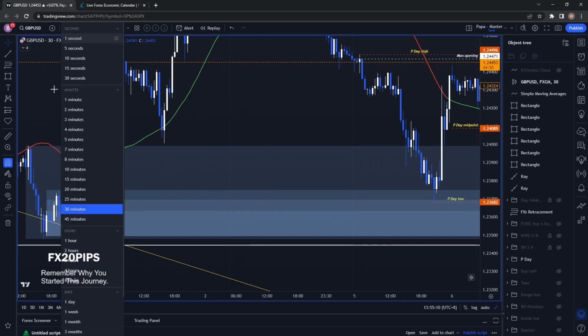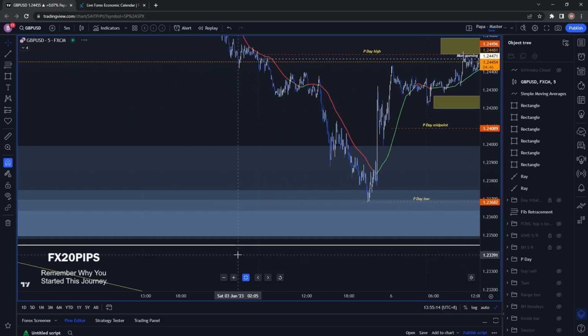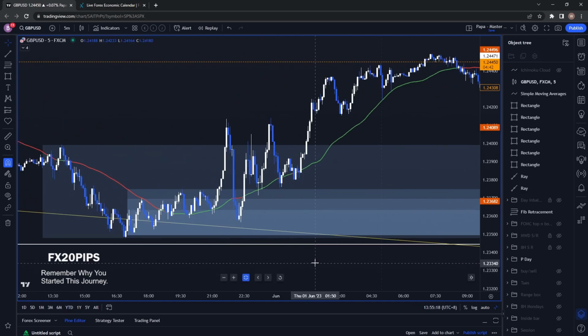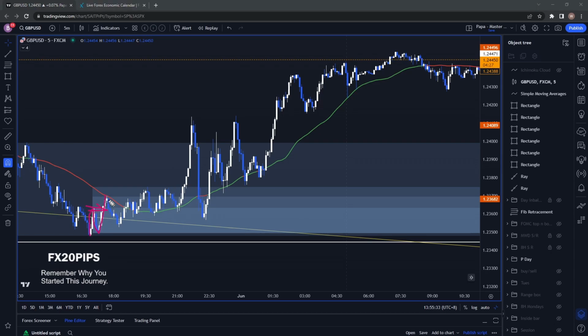Okay, now let's go to 5 minutes. Let's see, is there any more that we can catch? Now within the 5 minutes, we can see that there are some small breaks of structure, isn't it?